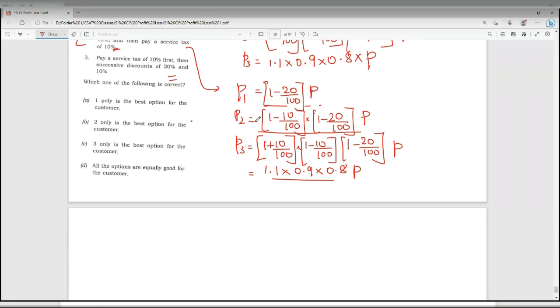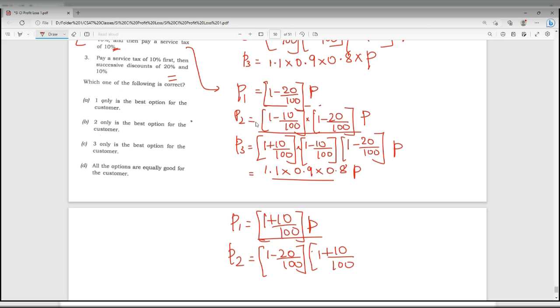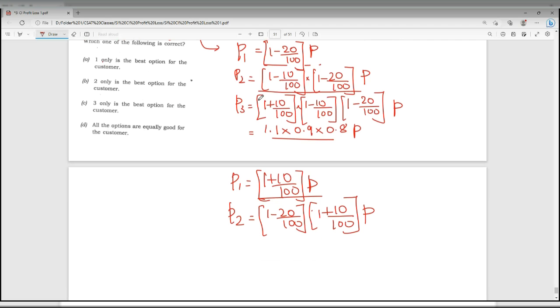If you do this similarly, P1 would be the service tax: a 10% service tax on the initial price P. P2 is the successive discount of 20%, so this is 1 minus 20 by 100 into P1. I am substituting P1 directly here, 1 plus 10 by 100 into P, and then the third part is the 10% discount.